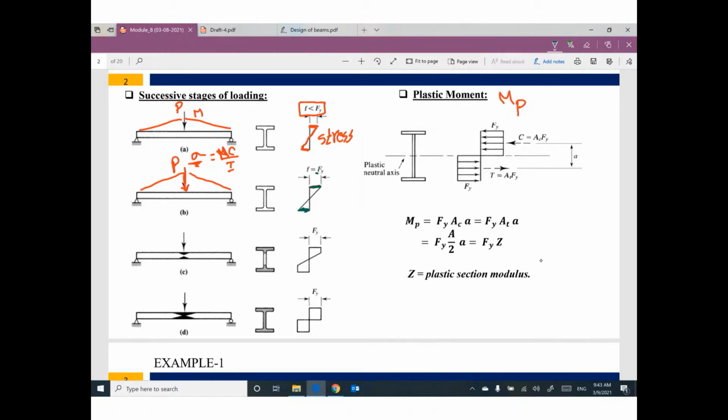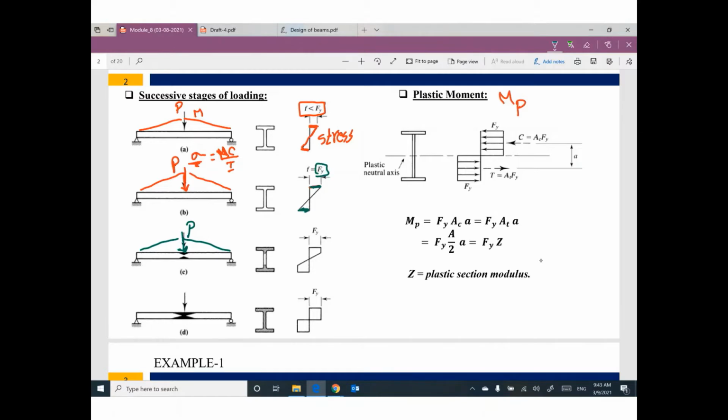If the applied load increases more and more, the bending moment will increase more and more. So the stress will not increase because the maximum is F yield.